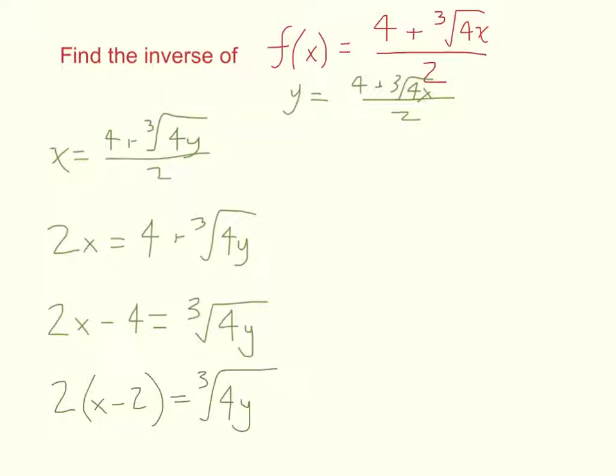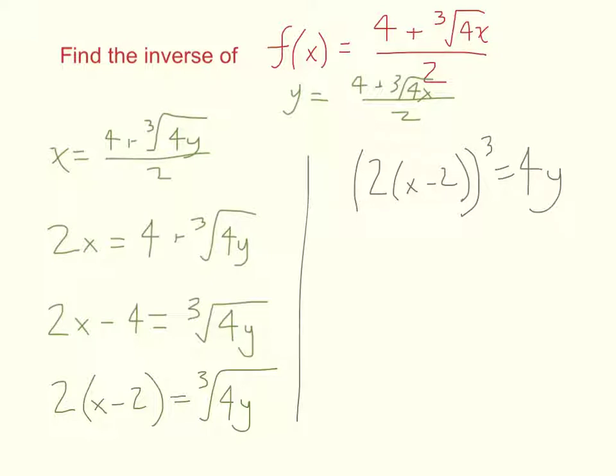The reason I do that is because now we can cube the whole thing, and we have to remember to cube this and cube that. So really we have 8 times x minus 2 cubed equals 4y.